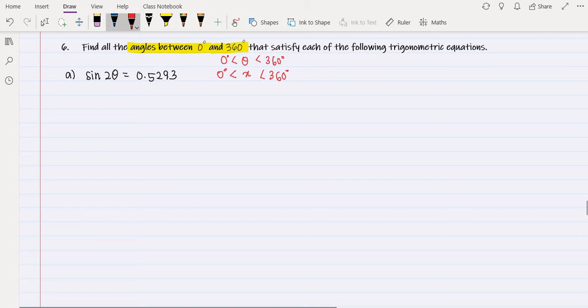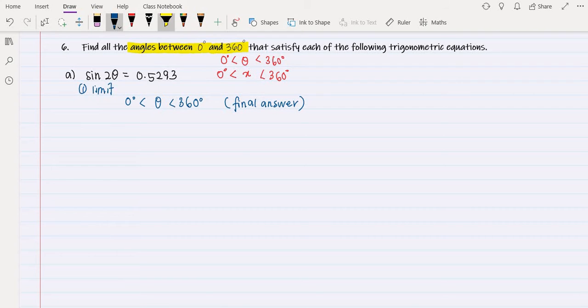So first step, when we want to solve our first question, which is sine 2 theta is equal to 0.5293, then we need to check on our limit. So the given limit is theta must be greater than 0 degrees and less than 360 degrees. So this will be our limit for final answer.